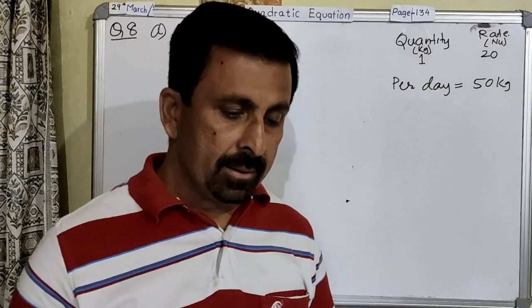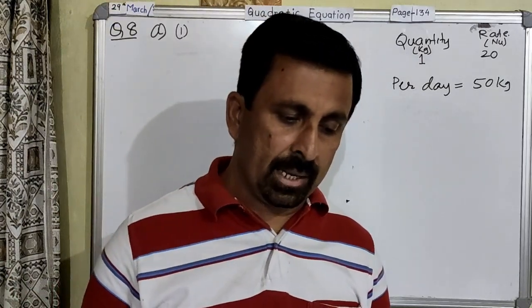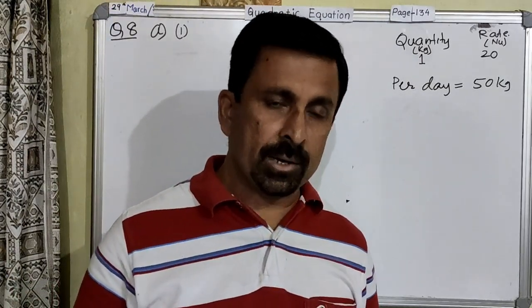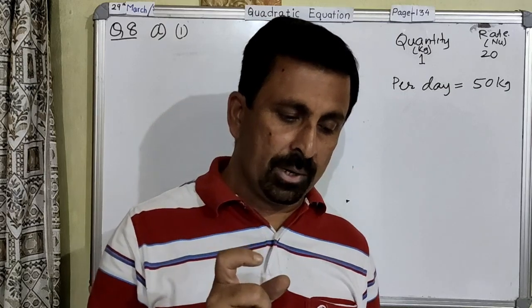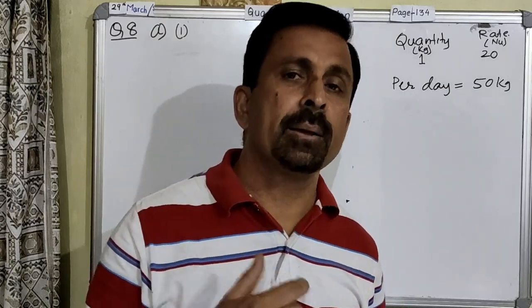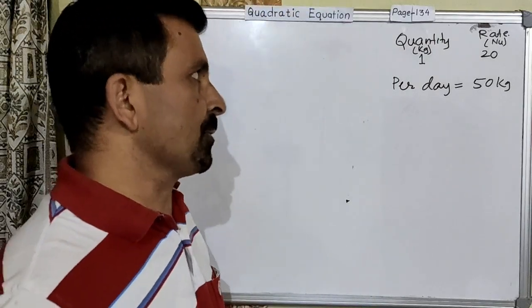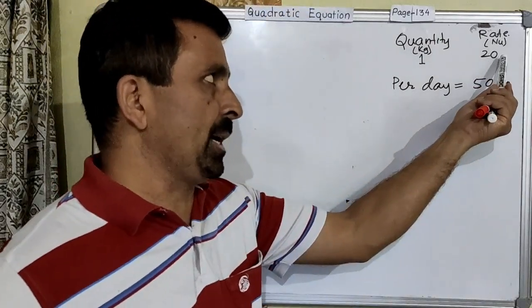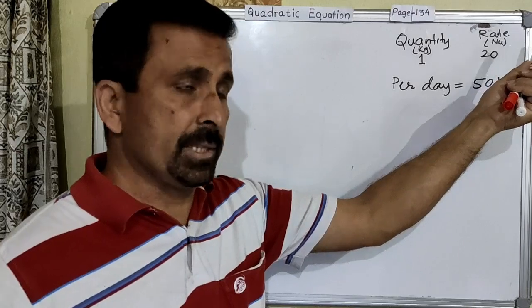Now we have to write the expression for the price of each kilogram if the price increases by X Newton. First of all, I talked to you about this price in terms of Newton, the physical meaning.